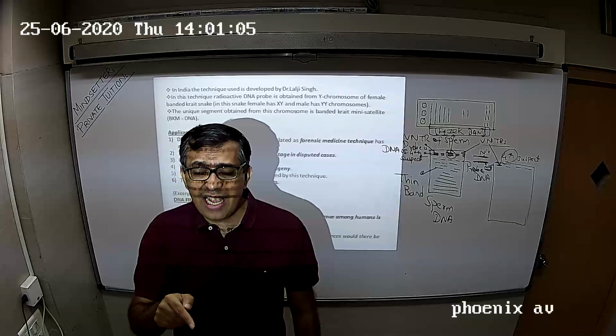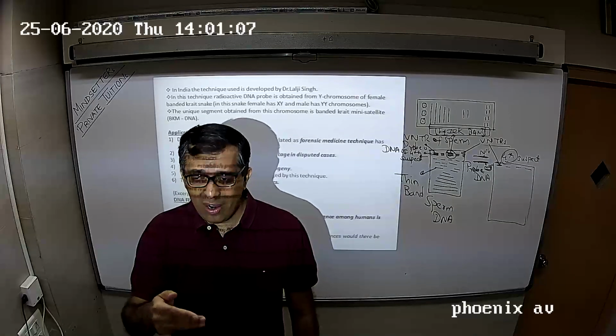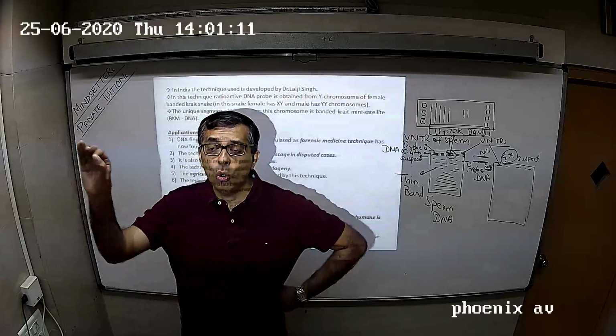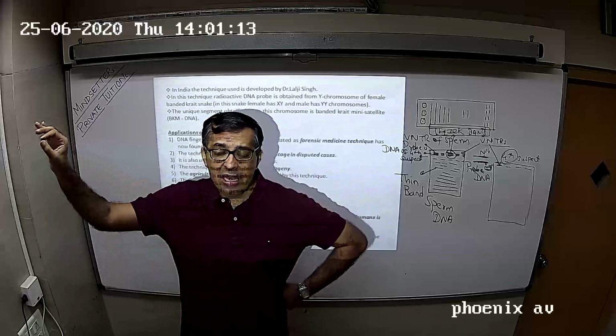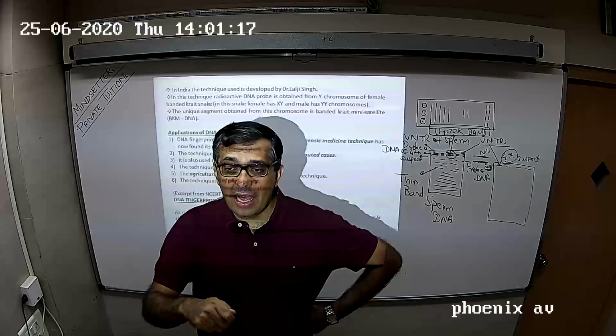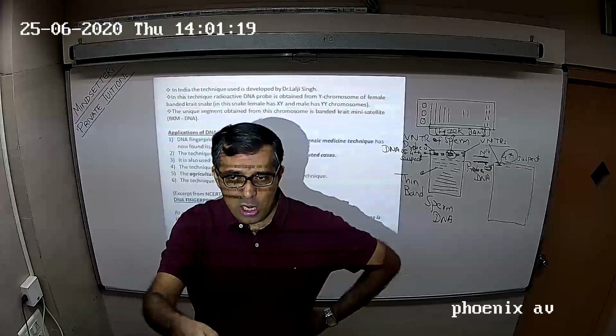Their VNTRs match with each other, or their other gene fragments match with each other. Then we are able to establish a claim that yes, this person is actually the father, and then monetary rights are given to the child.